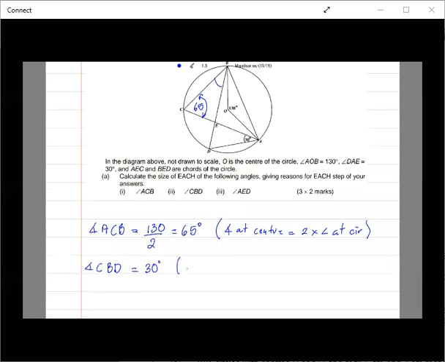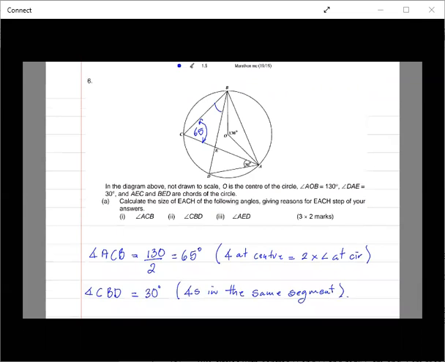And the reason is that they are angles in the same segment. So let me show you how we identify angles in the same segment.